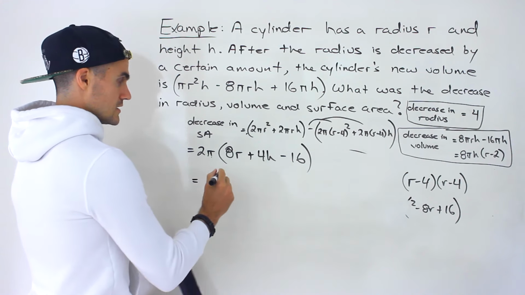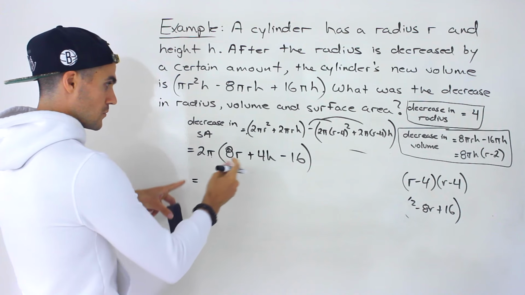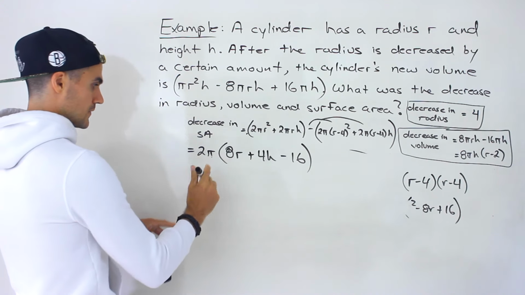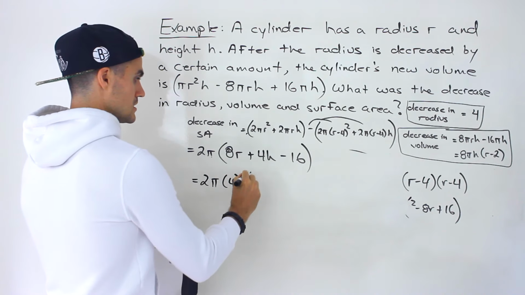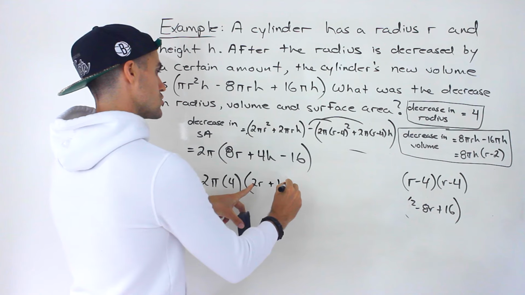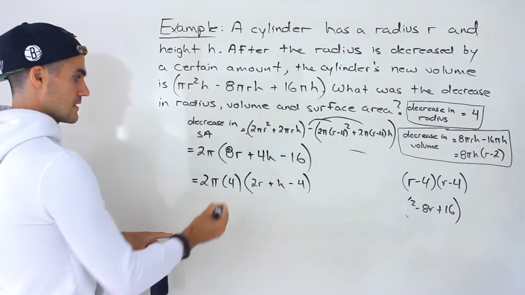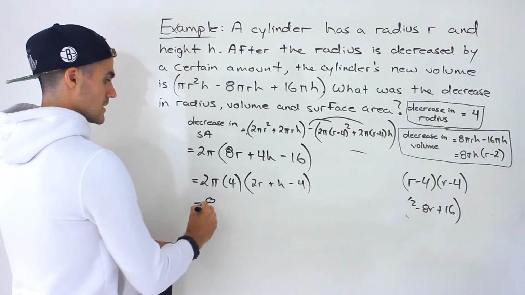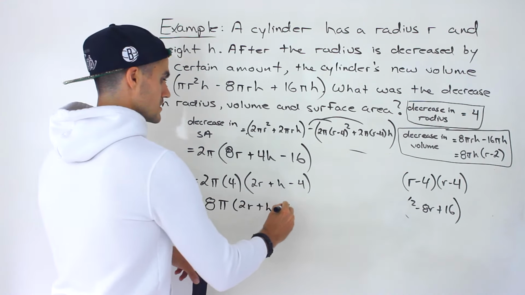Over here, notice that in terms of factoring, we could factor this bracket further. We could take out a 4 from all these. Actually, let's just do it in steps. If I take out a 4 from these, then I'd be left with 2r plus h minus 4. Like that. And the 4 and the 2 we can multiply, so we'd have 8 pi (2r plus h minus 4).